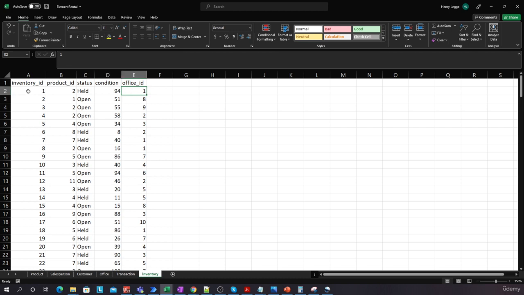For example, inventory ID 1 is a bulldozer that is being held. It's in pretty good condition. Held means it's with a customer right now, and it's part of office ID 1, which is New York City. Okay, so that's all the data.